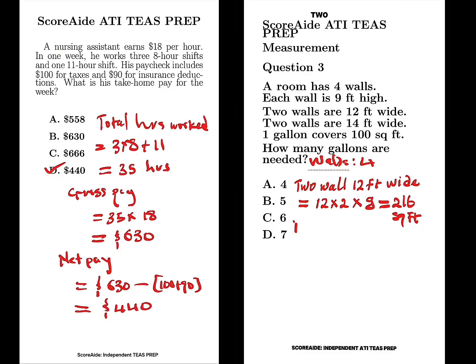Now, the other two walls were 14 feet wide. So that is going to be 14 times 2 times 9, equal to 252 square feet, right? 252 square feet.